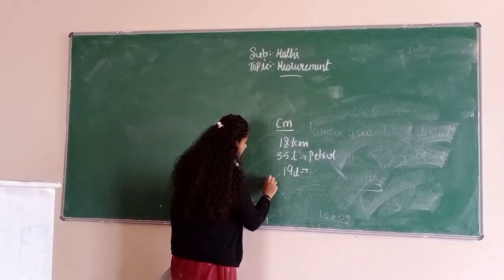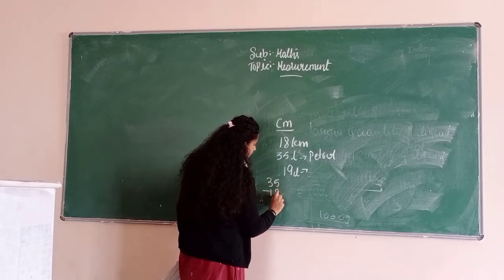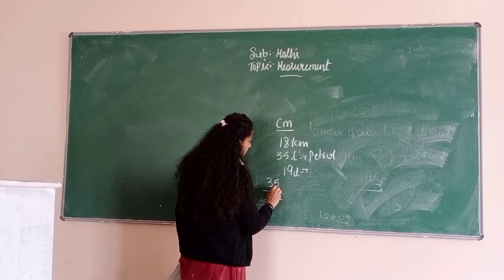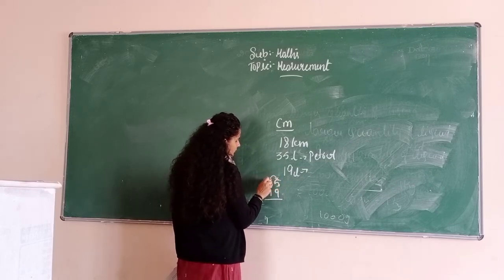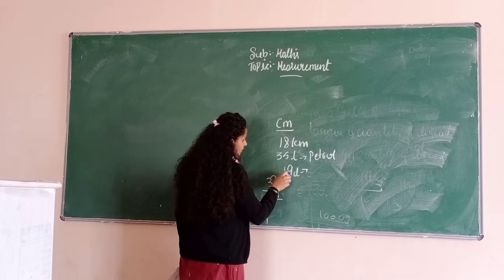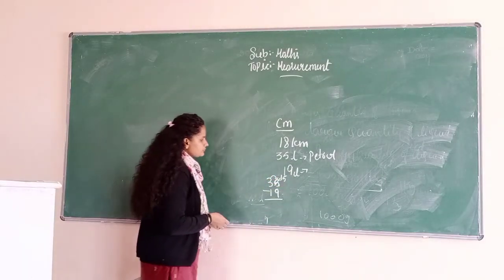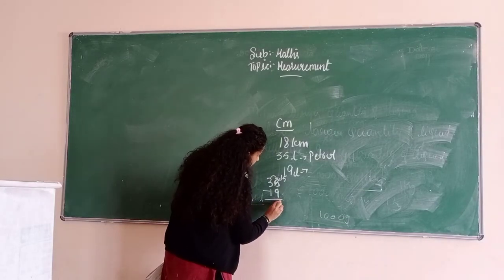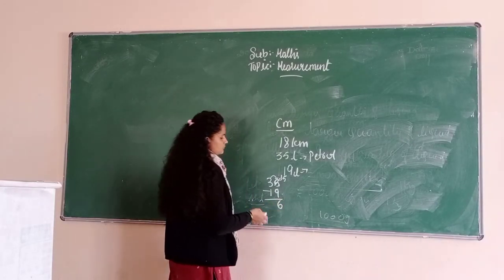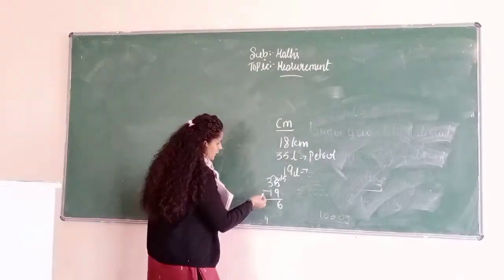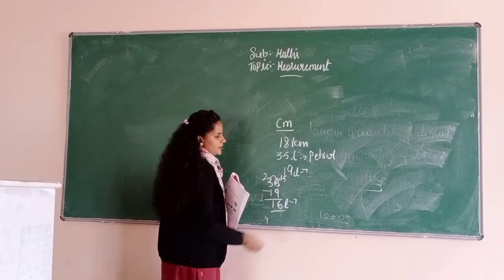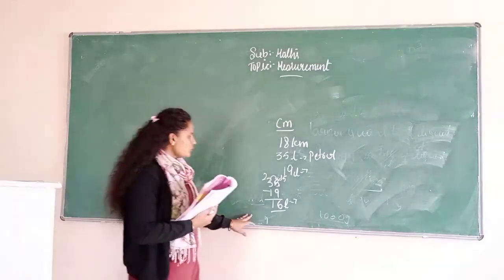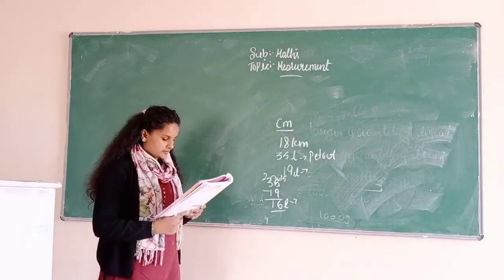So we have to subtract 35 minus 19. 5 is lesser than 9, so we take 1 from 3 and it becomes 15. 15 minus 9 is 6, and then 2 minus 1 is 1. So 16 liters are needed to fill the car tank.